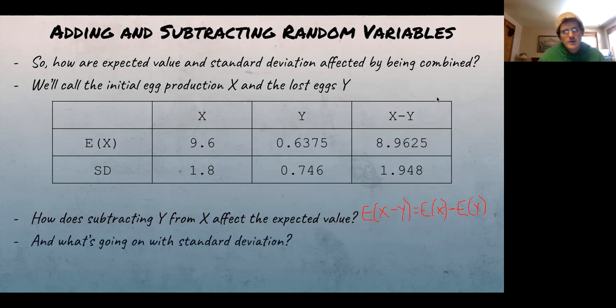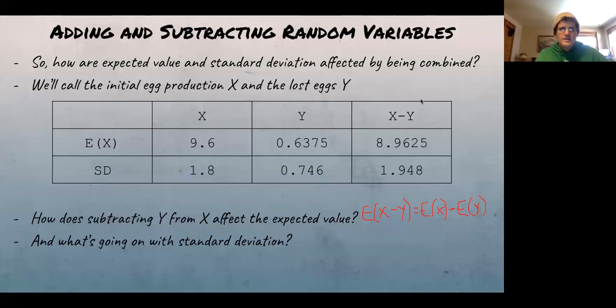But what's going on with standard deviation? I'll give you a second to look at that, see if you have any thoughts on it. If you read the chapter, you probably have some thoughts on it. This is not a very straightforward relationship. I can't just add these together. If I add these two up, it does not equal 1.948.